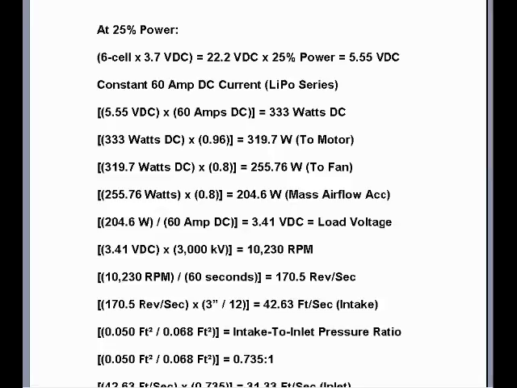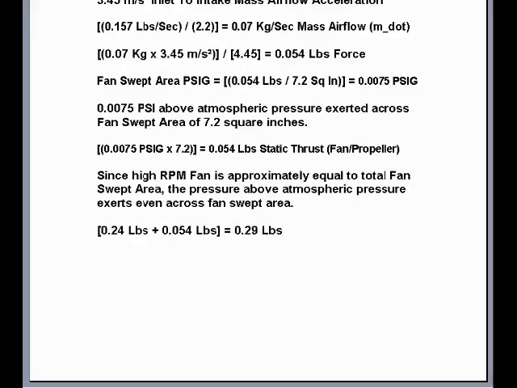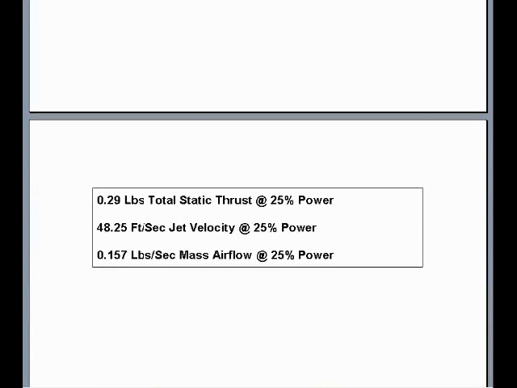So we'll be entering in 5.55 volts DC into constant current of 60 amps, and then the same series of formulas and equations repeat, with 5.55 volts as the initial voltage at 25% power, to result in 0.29 pounds of static thrust at 25% power, with a jet velocity of 48.25 feet per second and a mass airflow of 0.157 pounds per second.